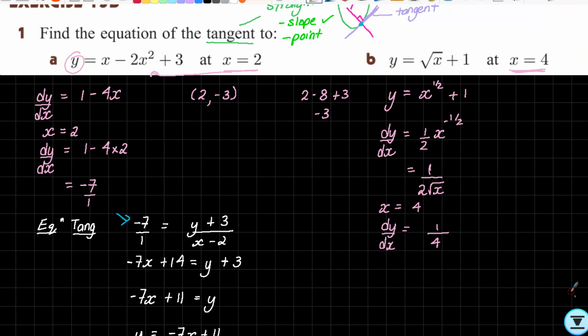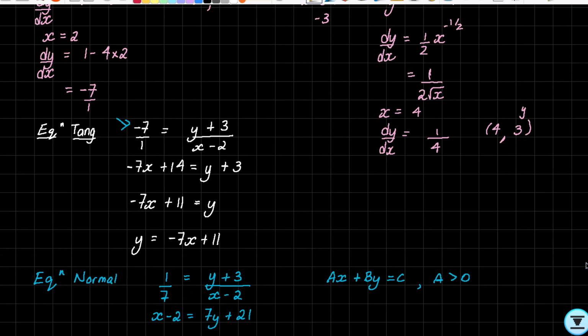So point is 4. What's my y value going to be? Well, I'm going to sub it back in here. So square root of 4 is 2. 2 plus 1 is 3. Okay, so now I've got my slope, I've got my point. Let's find the equation of the tangent. So I'll just write that so I know what I'm doing. Equation of the tangent. Okay, slope.